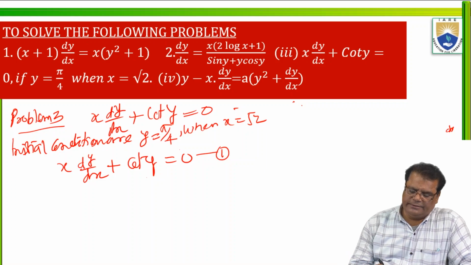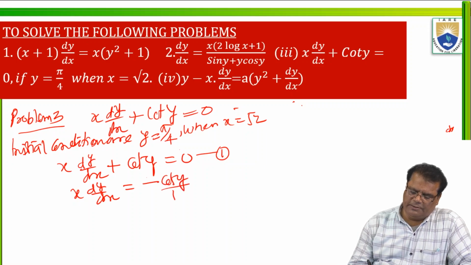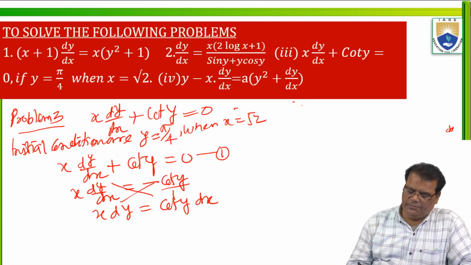Now taking cot y to the other side, x dy/dx equals minus cot y. Now cross multiplying, x dy equals minus cot y dx. So we keep the variables separate.